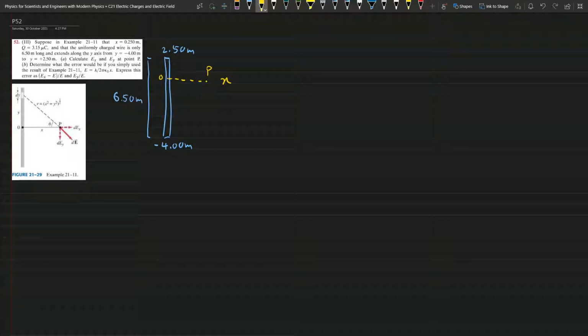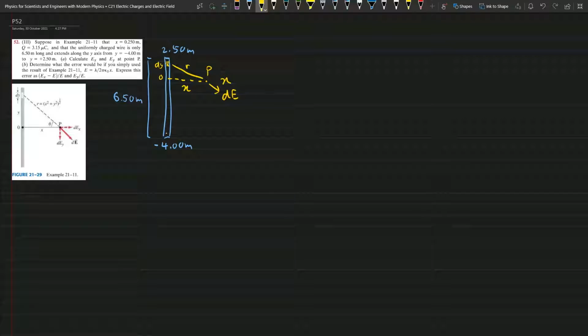Now the horizontal distance from here to here is given by x, and if you take the dy here, you can see until this point, let's say this is r, and it will produce an electric field dE.